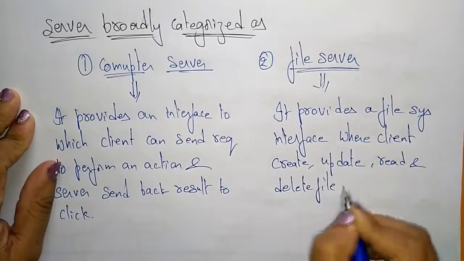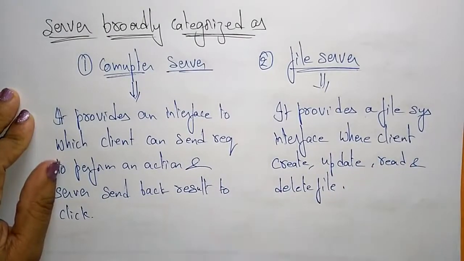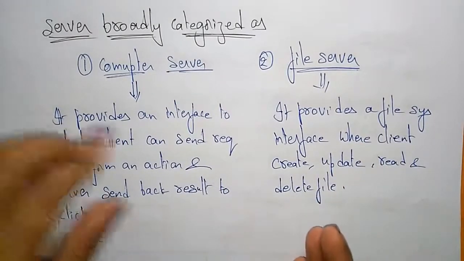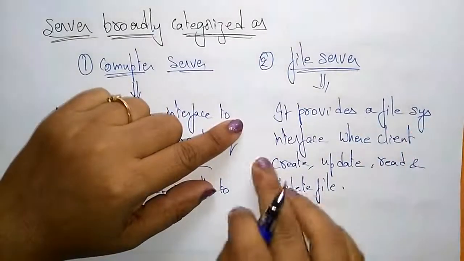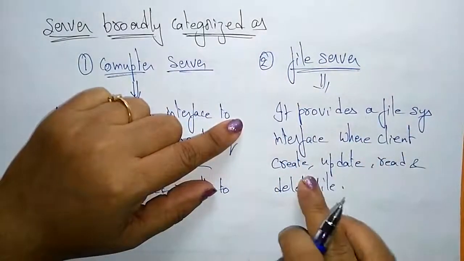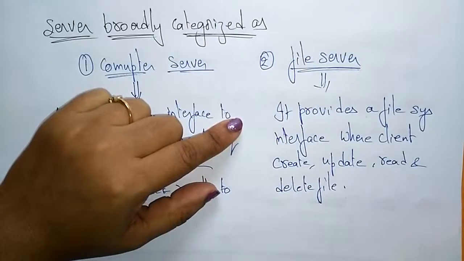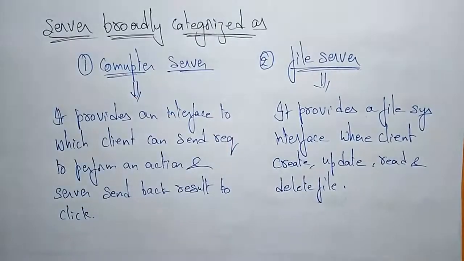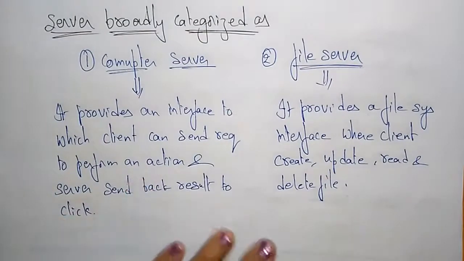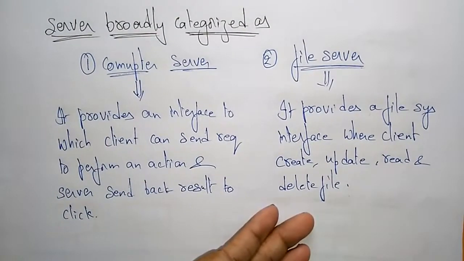If the server is acting as a file server, then it provides a file system interface where clients can create, update, read and delete files in the file server. So the server can be broadly categorized as a computer server as well as a file server.